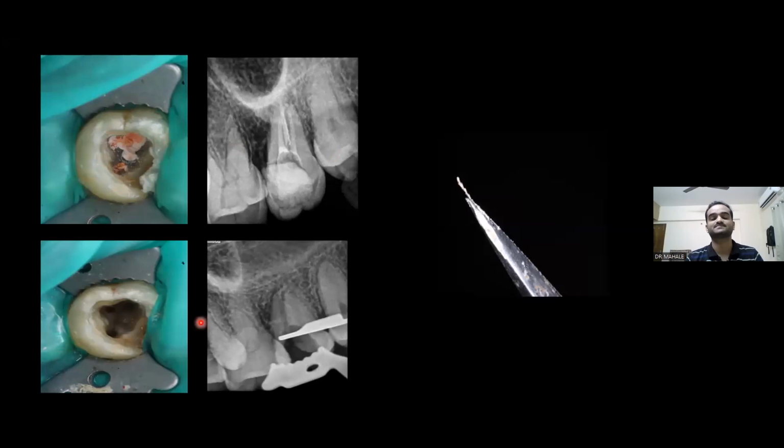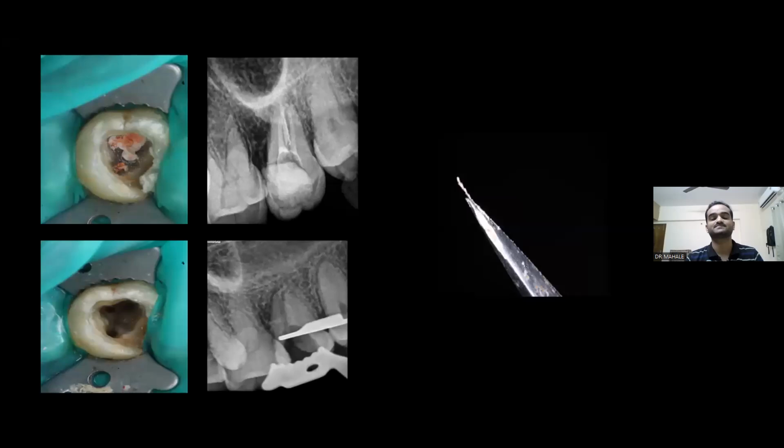So you can see the radiograph after file retrieval, and this was the small H file which was broken. But still you can see it is extending from the coronal third to almost the middle third of the canal. So this is one trick you can use while retrieving an instrument broken within the GP.